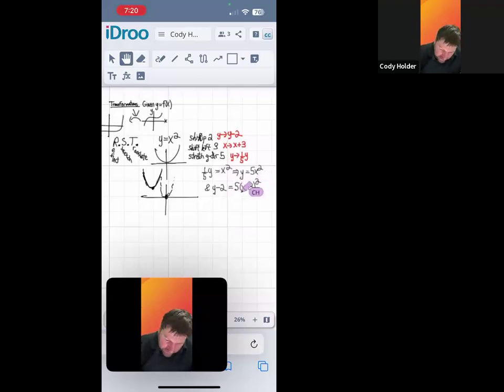Solving for y, just to get a nice final answer, y equals 2 plus 5 times (x plus 3) squared. So when you move the 2 over to the right-hand side, you can tell it does shift it up by 2 units. We're adding 2 to the previous function. But when you look at it as transforming y, it's y minus 2.